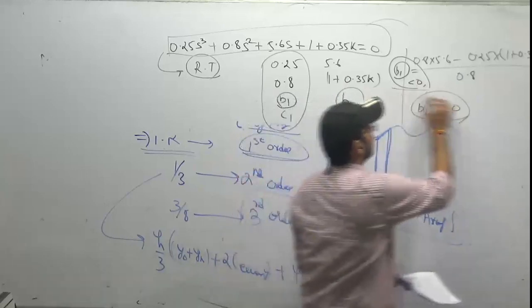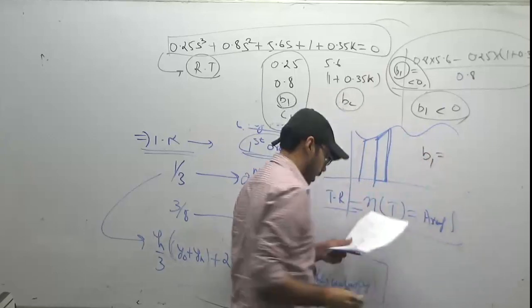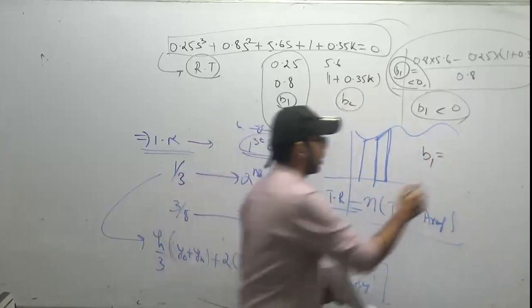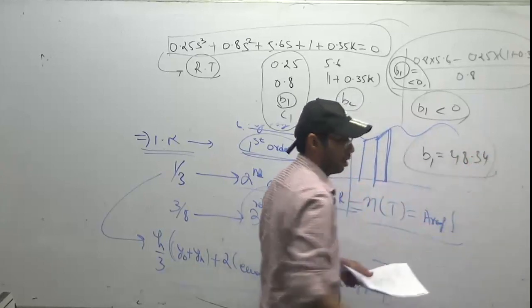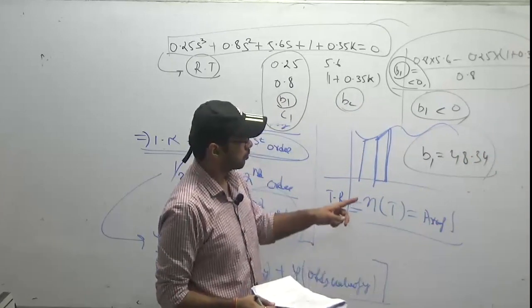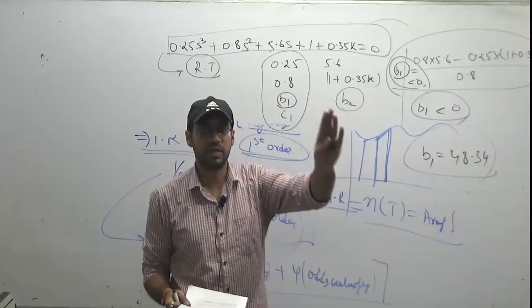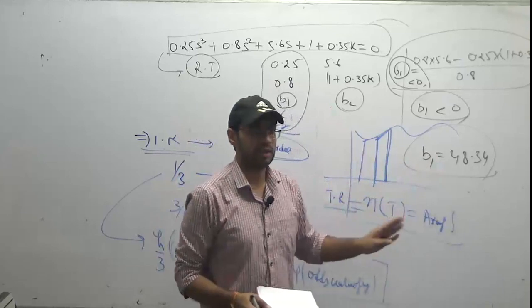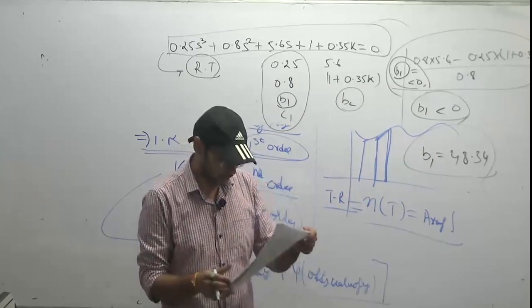On solving this, you will get the limiting value of k, approximately 48.34. Above this, the system will become unstable. Below this, the system will be stable. So this is the way to solve this question.